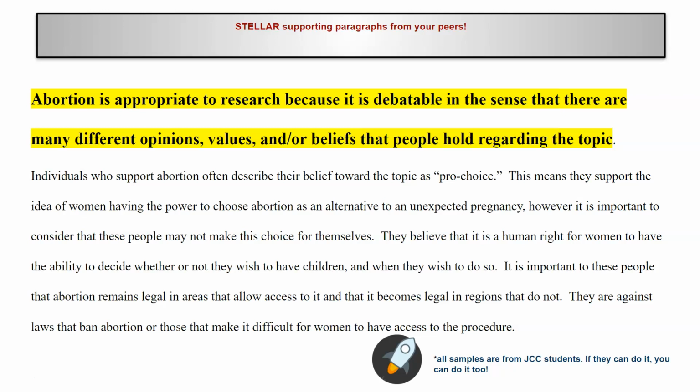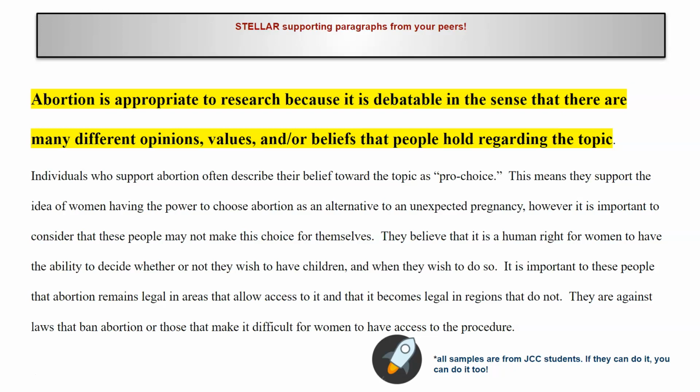So then they also fill out the paragraph with supporting details. So individuals who support abortion often describe their belief toward the topic as pro-choice. This means they support the idea of women having the power to choose abortion as an alternative to an unexpected pregnancy. However, it is important to consider that these people may not make this choice for themselves.